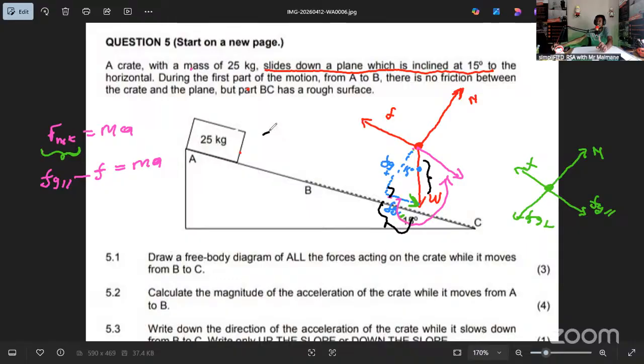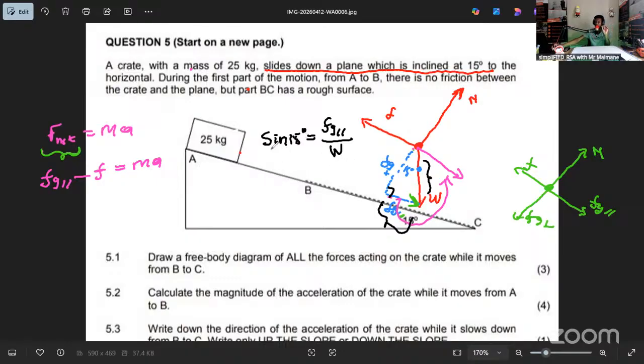So you would say sine 15 degrees is equal to opposite, which is FG parallel, over hypotenuse, which is W. So you are not memorizing, you are just using your trigonometric identities the way you know.